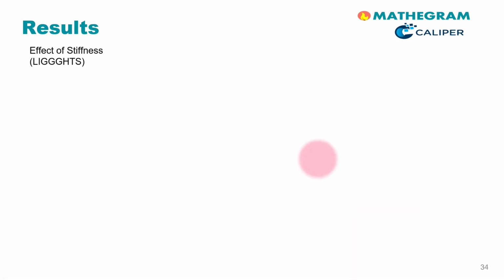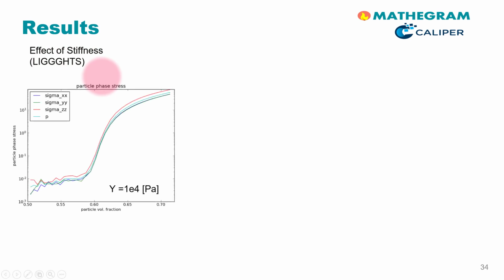We close our discussion of the uniaxial test case by an investigation of the effect of stiffness when using classical soft sphere DEM, meaning we used LIGGGHTS to prepare the data shown here. On the left, there is again the data for the softest particles that we have already shown on the last slide.